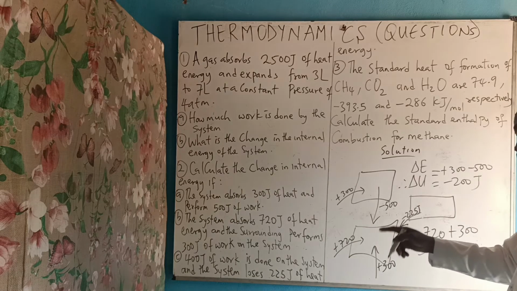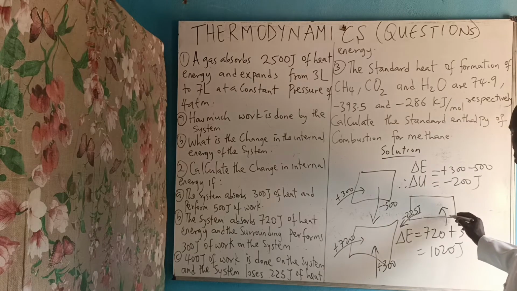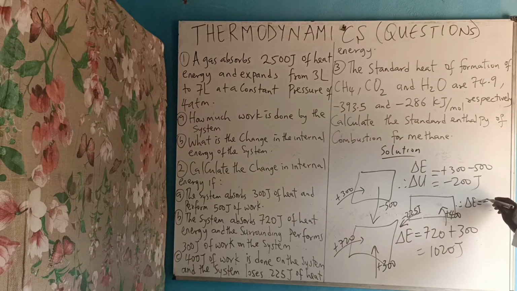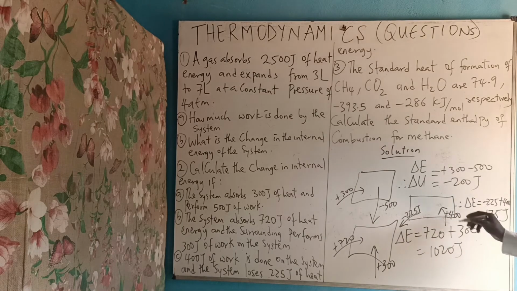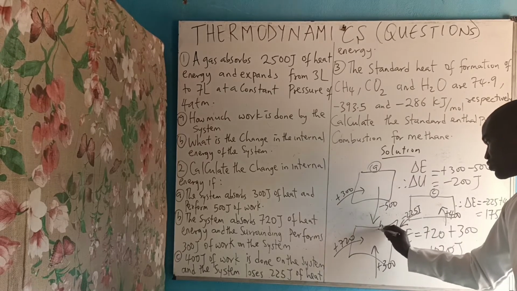Then the work is done on the system, so the system will gain that work, plus 400. Therefore, change in E is equal to minus 225 plus 400. And that will be giving you 175 joules of energy. That is for question number C, this is for A, and this is for B.